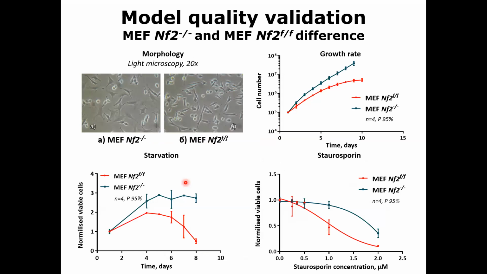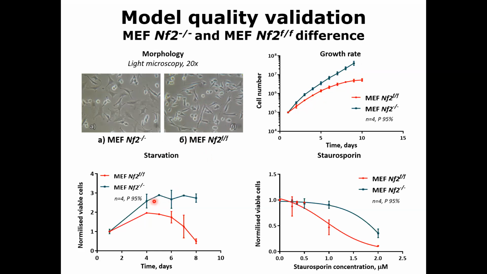So when you create a model, you need to make sure that your model is working. What we have here is the difference in the morphology of the cells. You can see that NF2 deficient cells are adhesive. They definitely have some disruptions in their actin skeleton. They do not look as alert and tense as NF2 normal cells, but they are growing much faster than the control cell line.